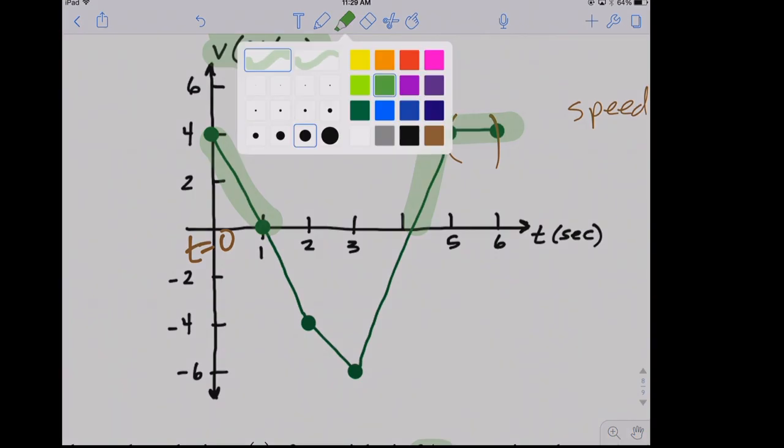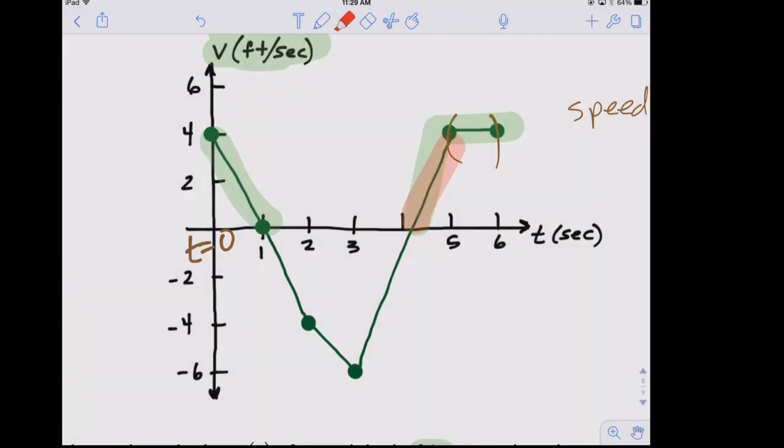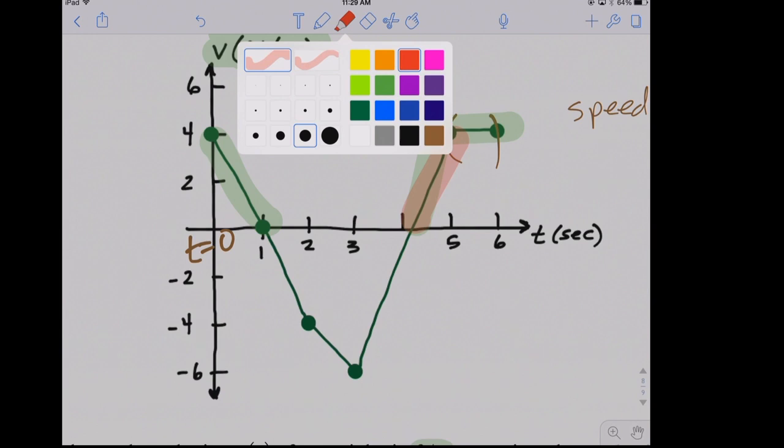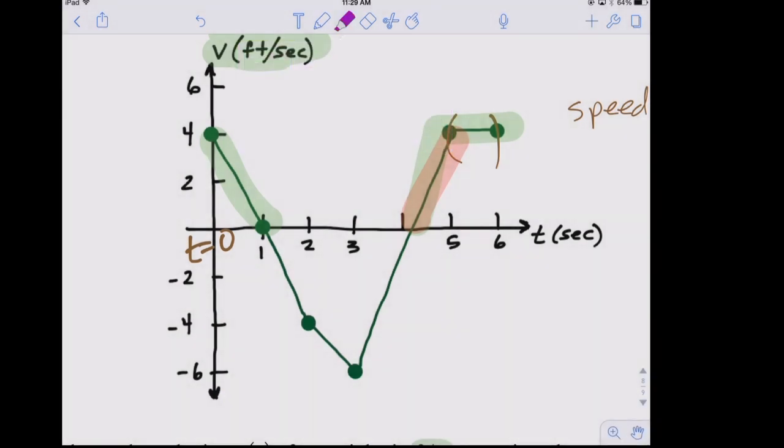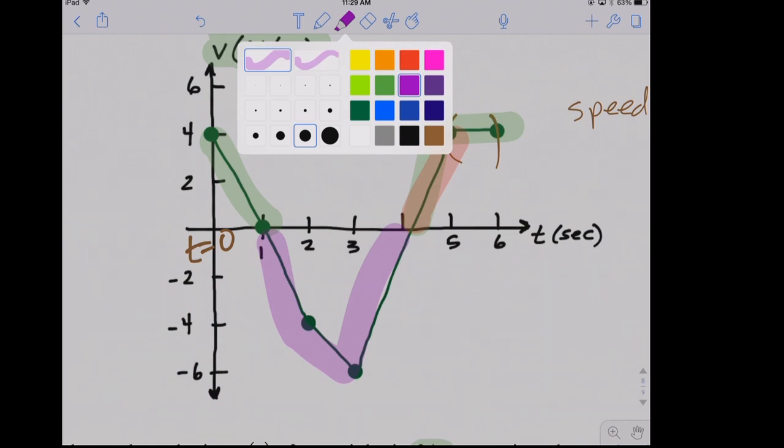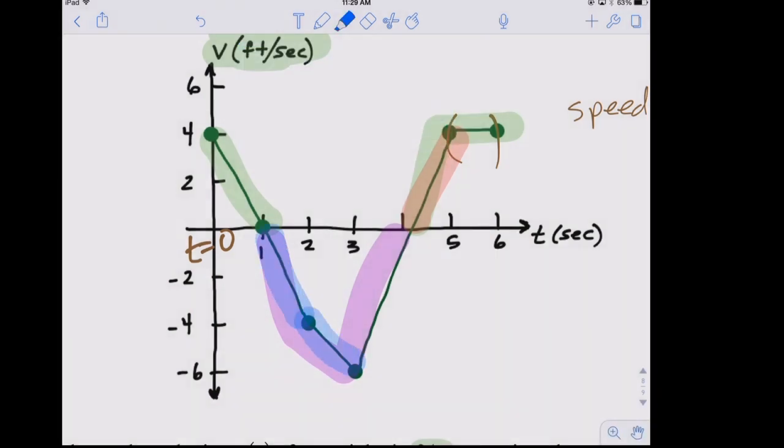And now which of those have positive slopes? Well, just from there to there, right? Also, we can have negative. So where are the y values negative? Let's use purple. Well, they're negative here. And of those, where are the slopes negative? Well, the slopes are negative here and here. So it's only from 1 to 2 and 2 to 3.